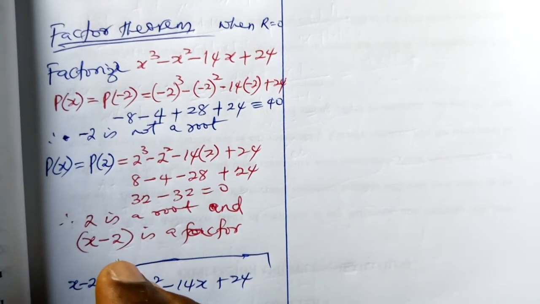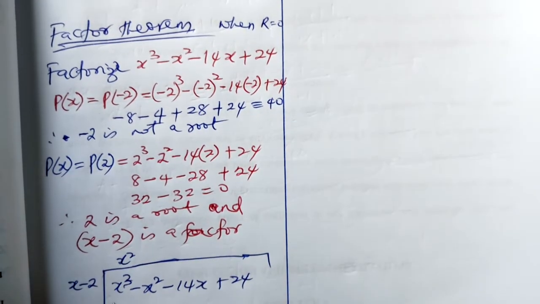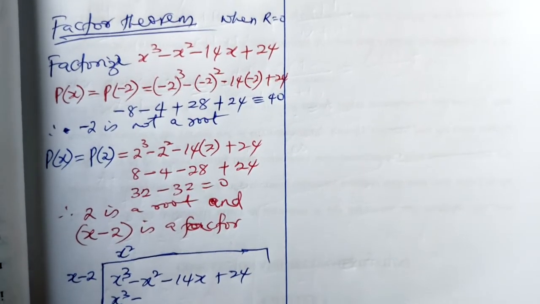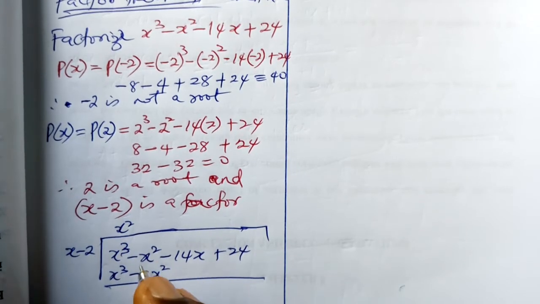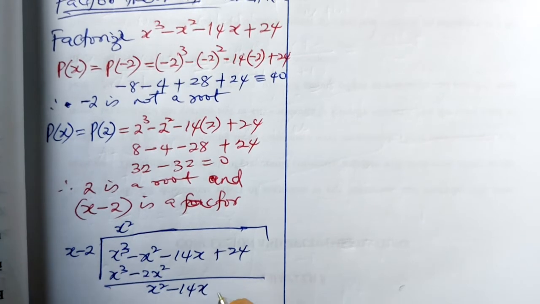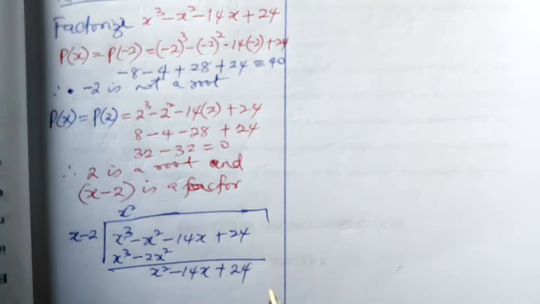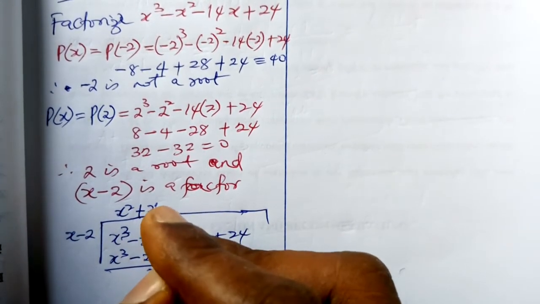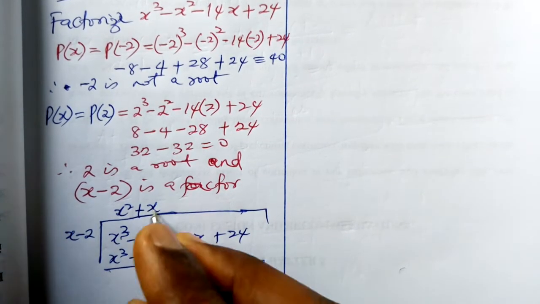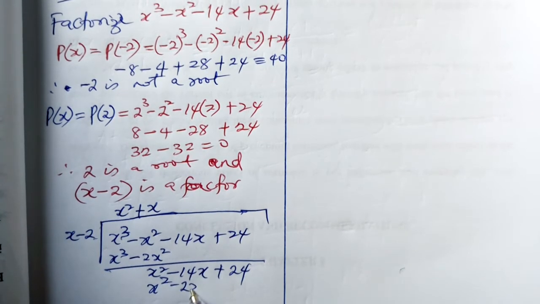So here will be x squared, so that we have x cubed minus 2x squared. This and this cancel, this minus this, that is x squared. That's x squared plus 2x minus 14x plus 24. The next thing we'll do is to get this, so we add x here, x squared, x here minus 2x.